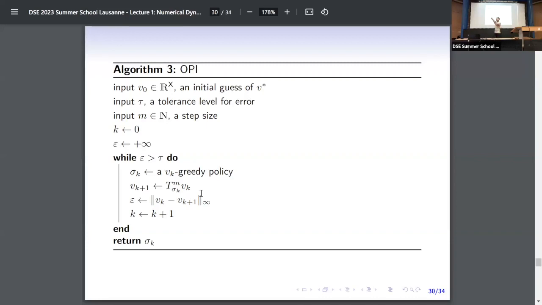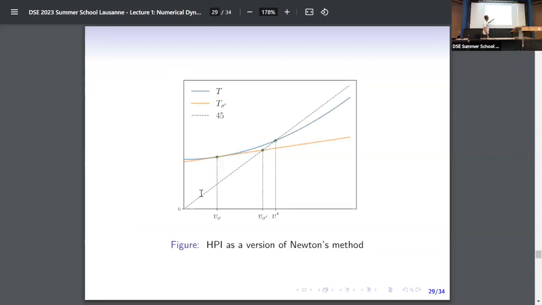I'm just iterating with the policy operator, which is kind of cheap because it doesn't involve a max step. I do that m times, and I get an approximation of the fixed point. If we go back to the picture, I'm iterating with this orange map. So I'm going to bounce to here, and to here, and to here, over m steps. And if I take m all the way out to infinity, I'm actually going to get there.